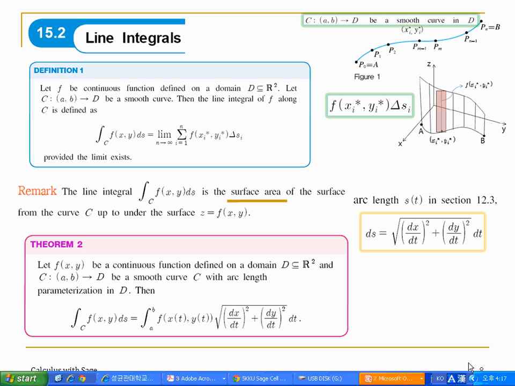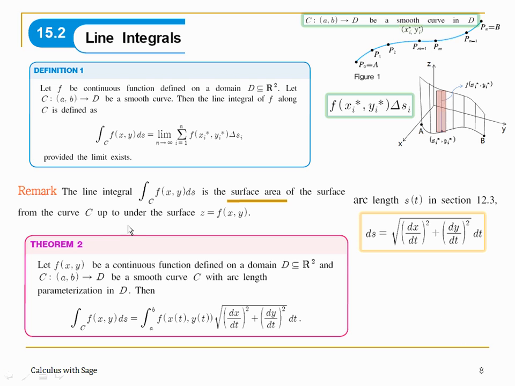The surface. So the next theorem says the way to find this surface area by arc length parameterization. We have learned that arc length s of t can be written in this way with the parameter t in section 12.3.